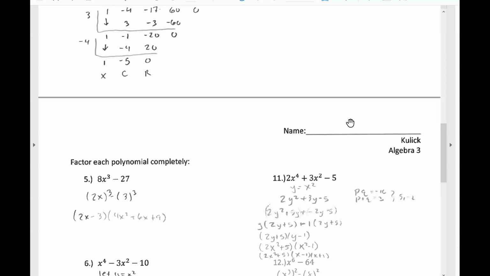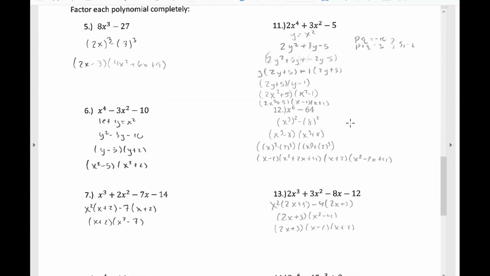On the next page, number 5 is 2x minus 3 times 4x squared plus 6x plus 9. Number 6 is x squared minus 5 times x squared plus 2. Number 7 is x plus 2 times x squared minus 7.